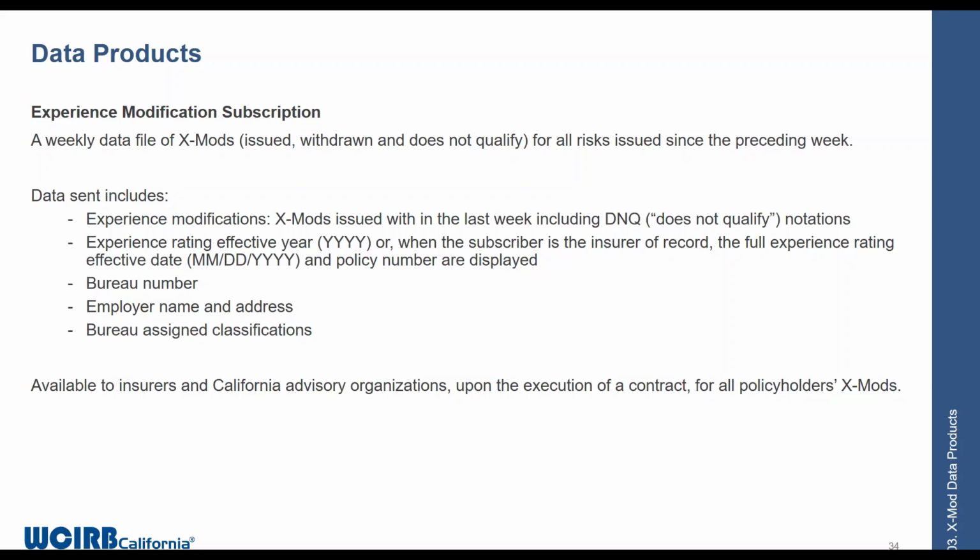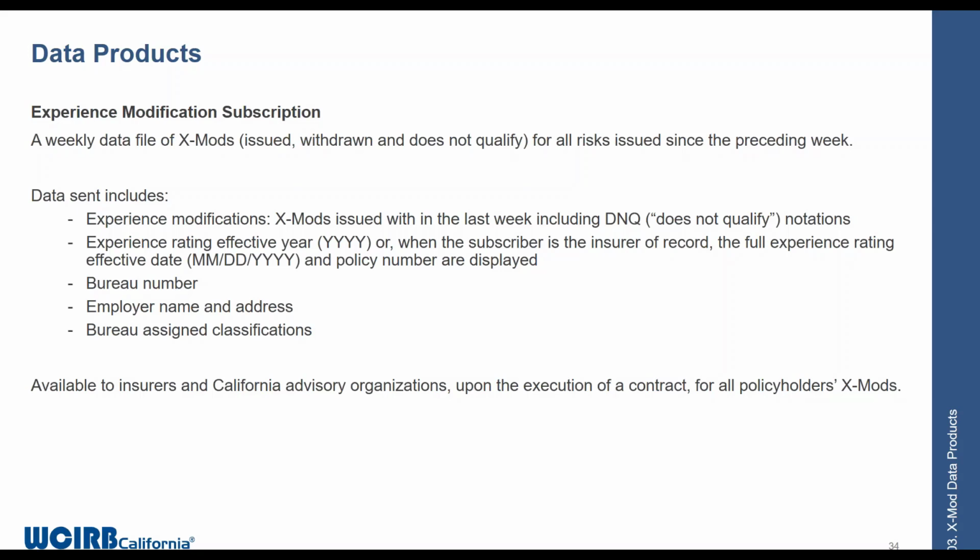This weekly data product, again, if you're the insurer of record, you're going to get with that rating the month, the day, and the year of the specific rating, and then the experience modification that was associated with it. If you're not the insurer of record, you're just going to get the years that are associated with that. You're going to get the bureau number, the employer name and address, and any assigned classifications.